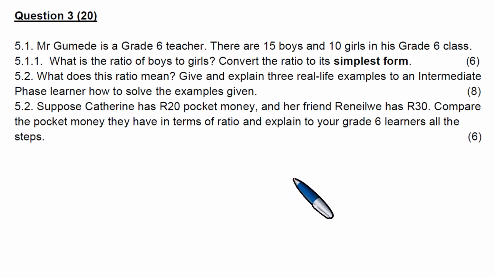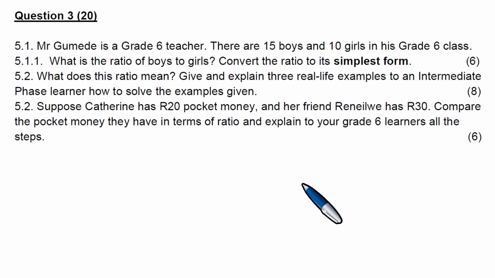Right, so we're going to look at this particular question and see exactly what we need to do here. And after that, we shall look at what this ratio means, and give and explain 3 real-life problems to an intermediate phase learner, showing how to solve the examples given. Moreover, we have the next question.